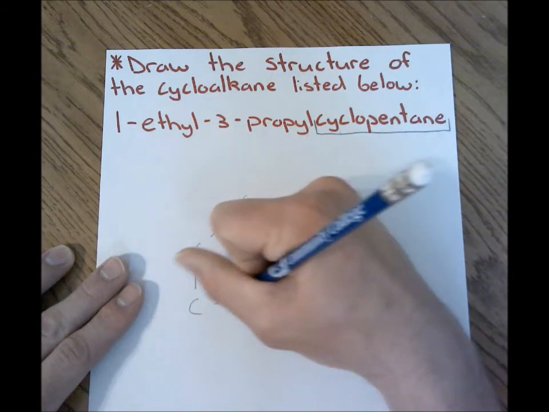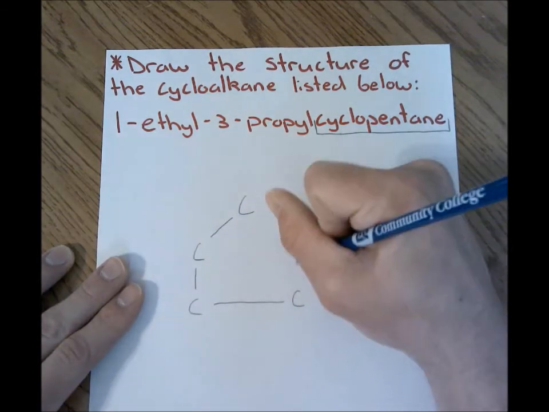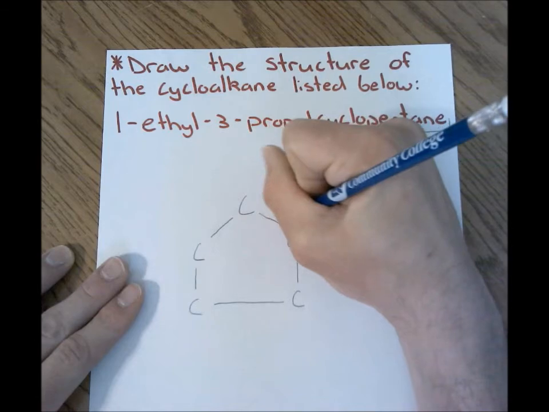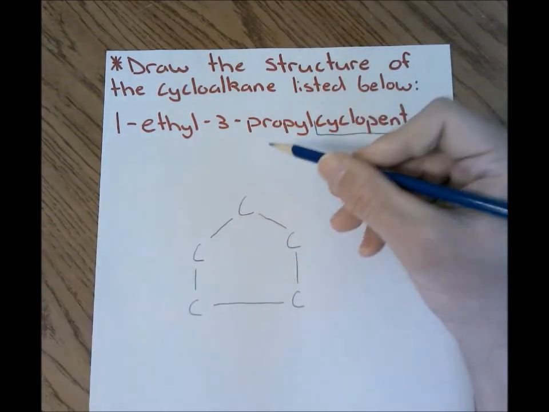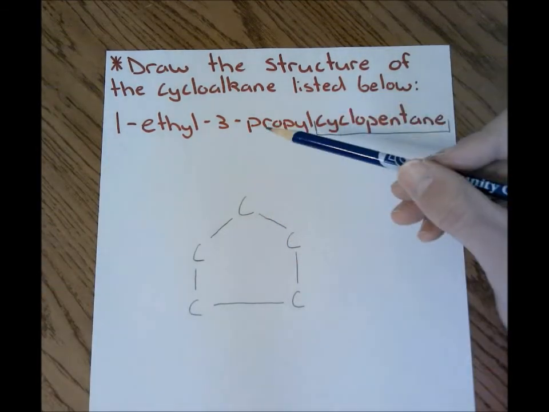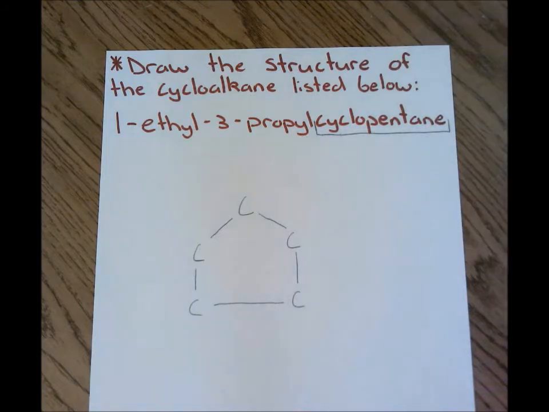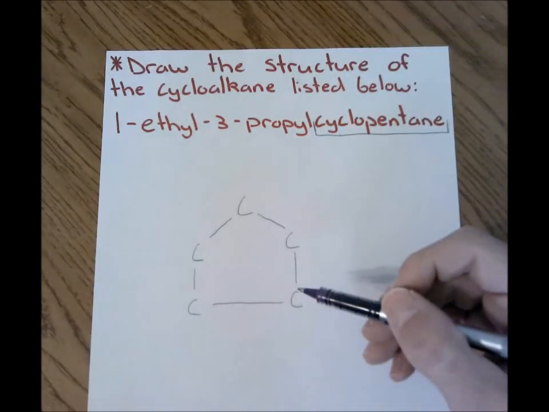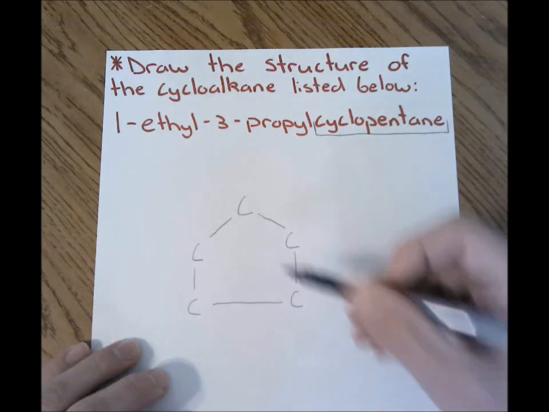So, the next thing is numbering our particular ring structure. The nice thing about being able to draw our own structure is we can number it however we want. So I usually start here at the top with carbon 1, carbon 2, carbon 3, carbon 4, and carbon 5.